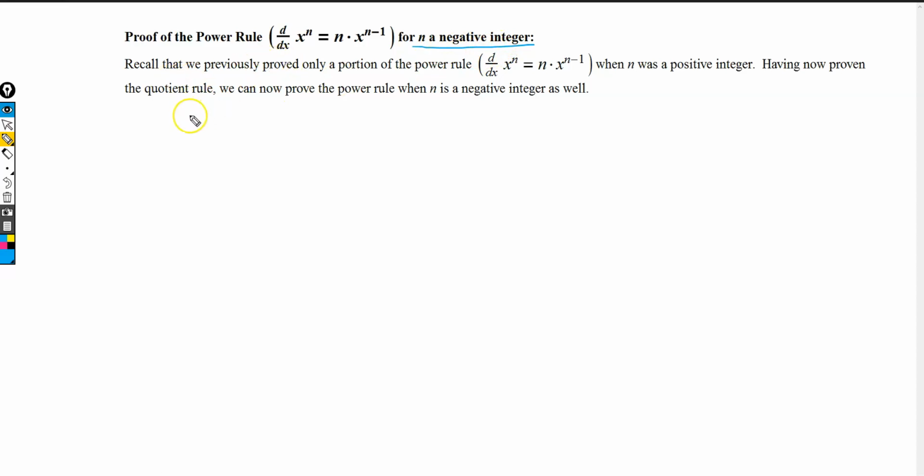Now when we do this proof, let's remember two things here. Let's note that the absolute value of n is negative n. That's for n, a negative integer. For example, the absolute value of negative 3 is negative of negative 3, because that gives you back positive 3, right?